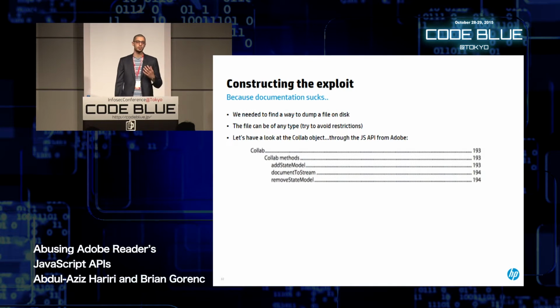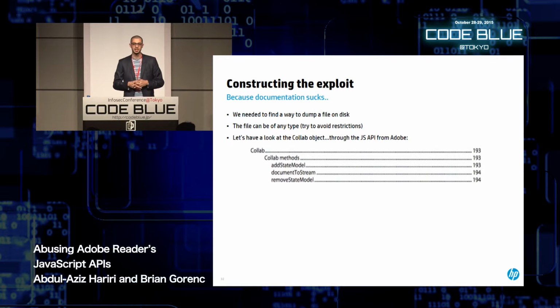So in fact, what we needed was to find an API that would allow us to write data on disk, dump a file on disk. And we needed that API to lack some restrictions, like file types, file contents, and stuff like that.